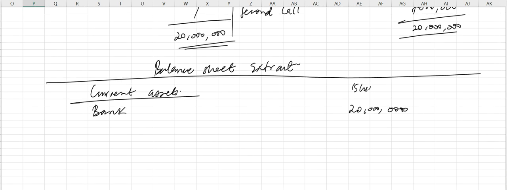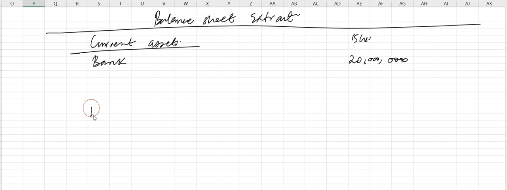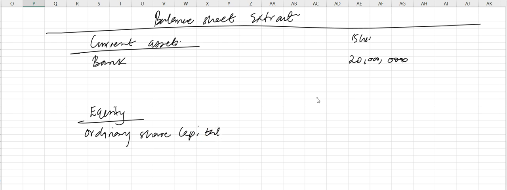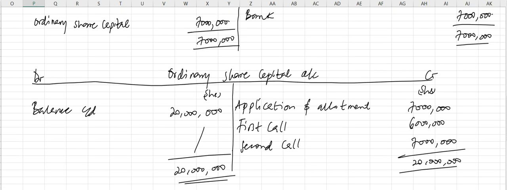Then in the equity section, we have our ordinary share capital at a balance of 20 million. So that's it.